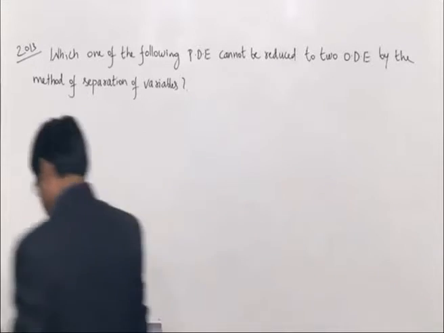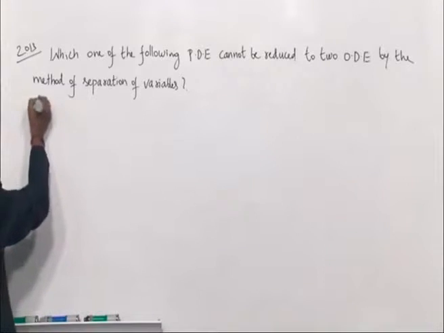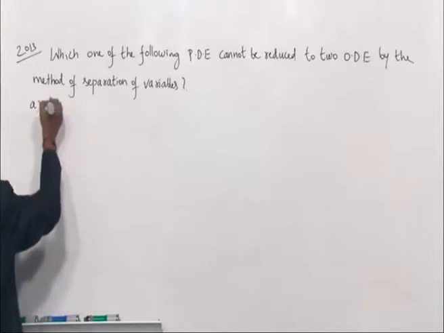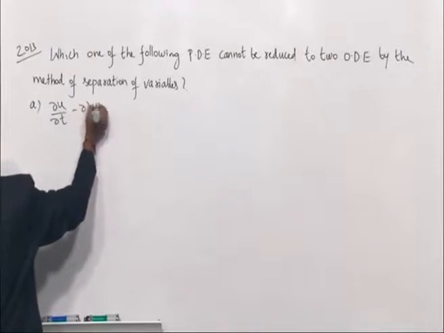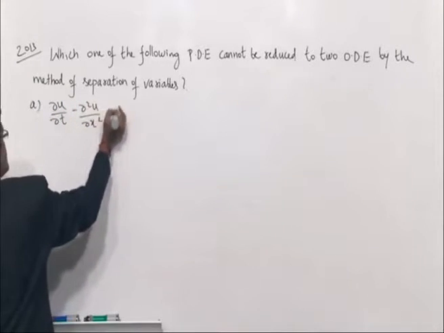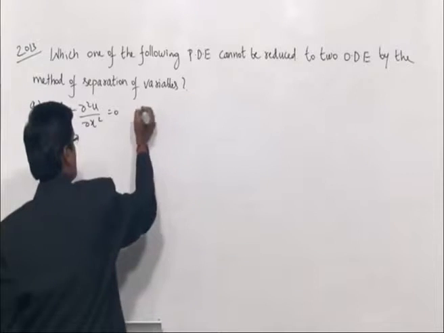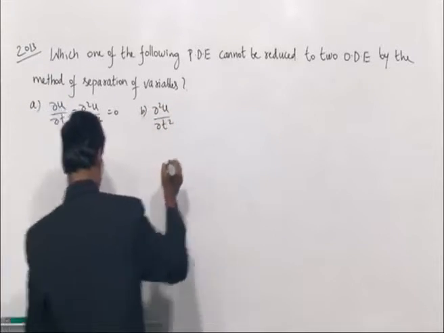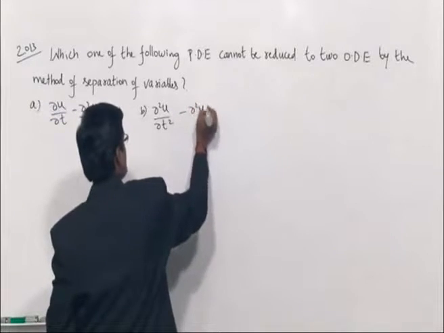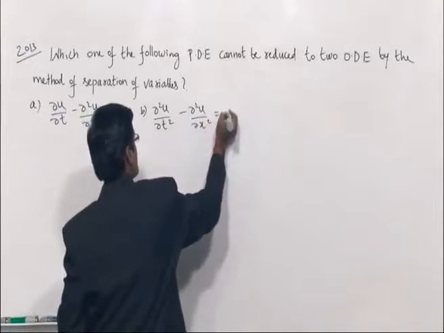A, dou u by dou t minus dou square u by dou x square is equal to 0. B, dou square u by dou t square minus dou square u by dou x square.